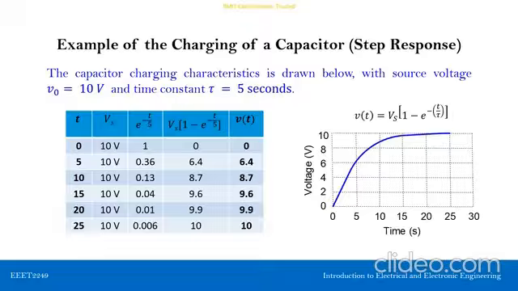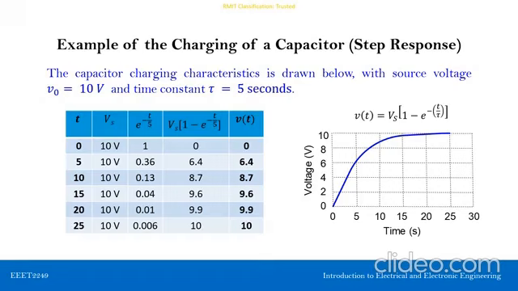What we have drawn here is on the x-axis time t and on the y-axis voltage V. When t is 0, V(t) was 0, and then as t increases from 0 to 25, V(t) increases from 0 to 10, and all of the points have been drawn here.